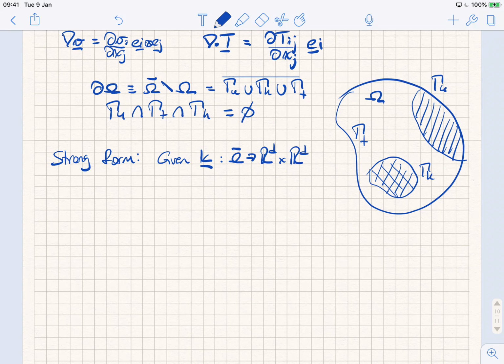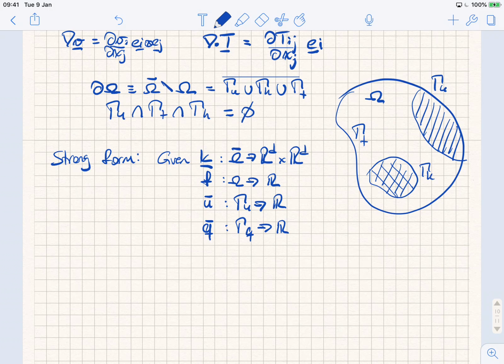So we have now our force or our source vector. It is still a scalar field. Then we're going to have a prescribed displacement that, of course, goes from gamma u and it's a scalar field. We're going to have our heat flux, gamma q, and it's also a scalar field.